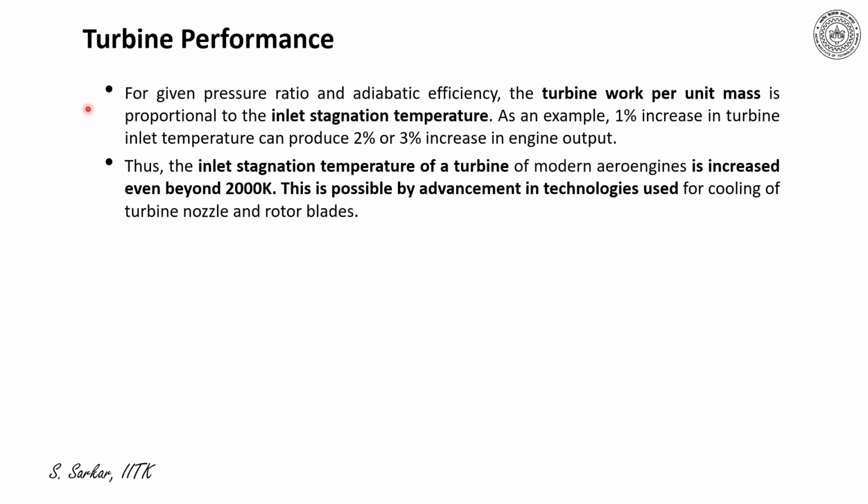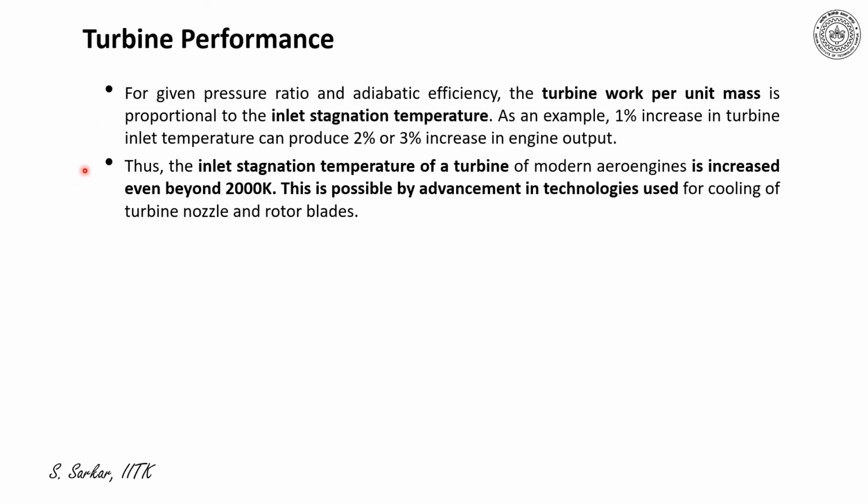It should also be noted that for a given pressure ratio and adiabatic efficiency, the turbine work per unit mass is proportional to the inlet stagnation temperature. As an example, 1% increase of turbine inlet temperature can produce 2 or 3% increase of engine output.